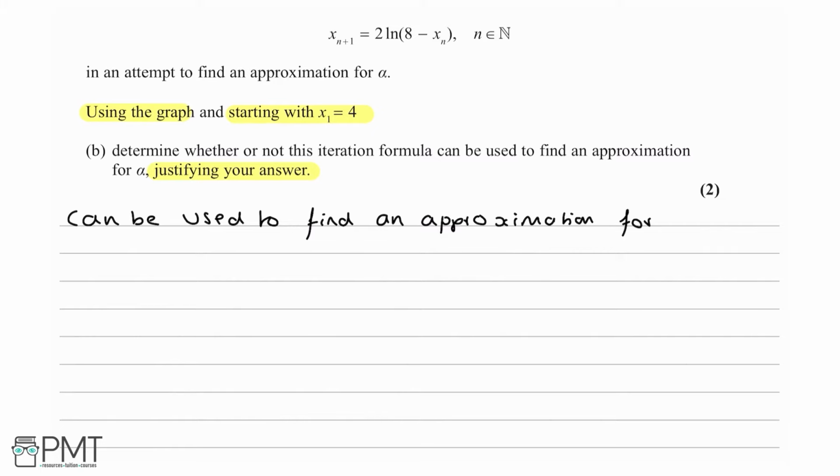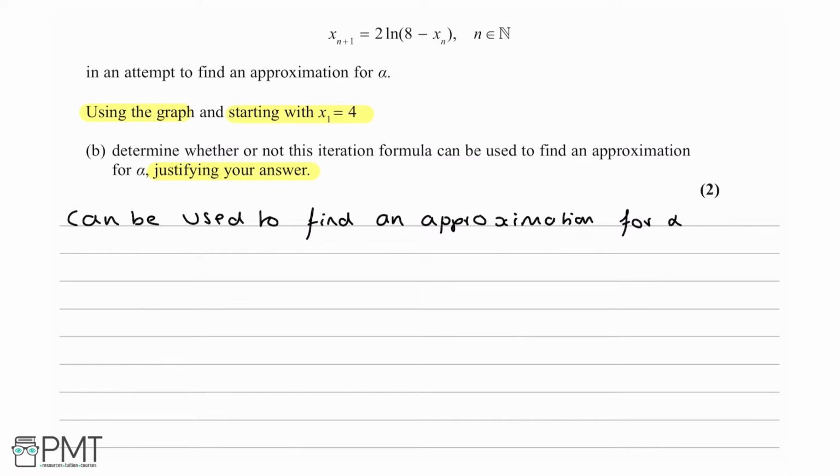And we need to word it exactly like this, because saying the words can be used means we're answering your question directly, it can be. And by writing find an approximation for alpha, we're using what the examiner has given us, and we're effectively throwing it back at them to say, yeah, we've understood the question and we're doing as you want.